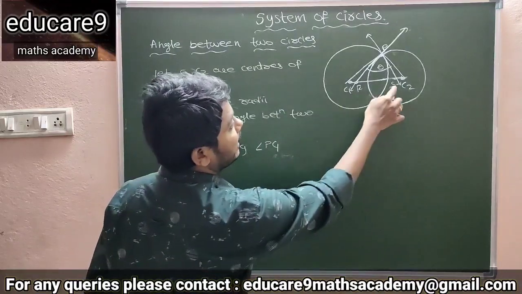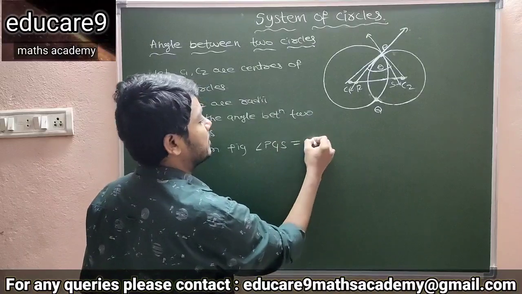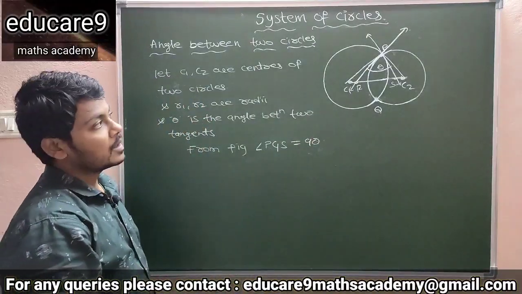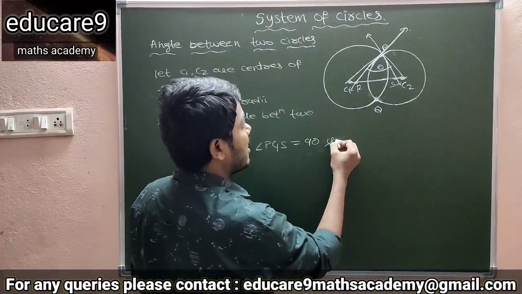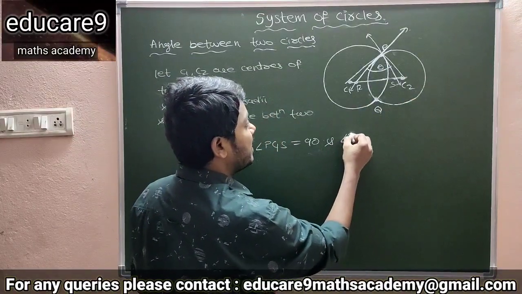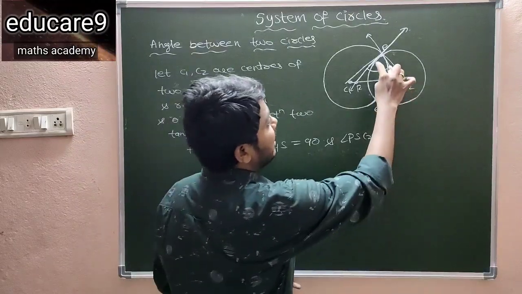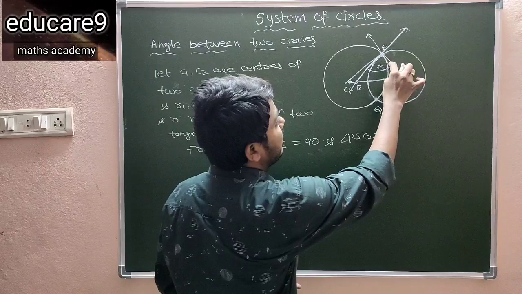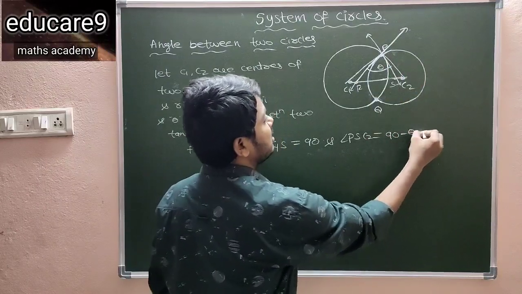So clearly from the figure, see here, angle PC1S, that is 90. Okay. And this angle, see here, angle PSC2, so clearly this angle is 90, and remove this angle. So clearly that is 90 minus theta.